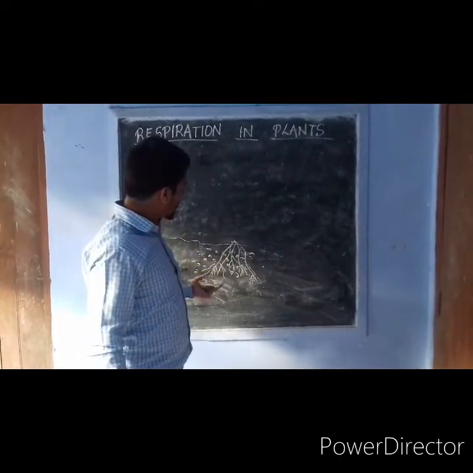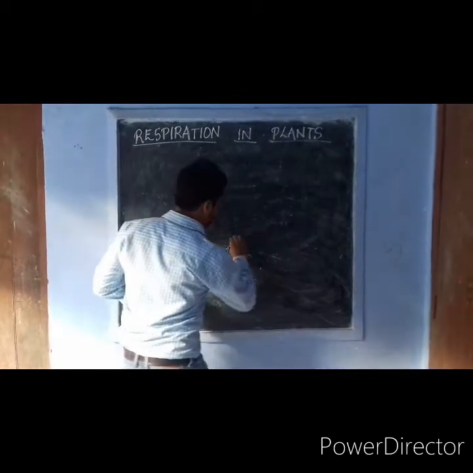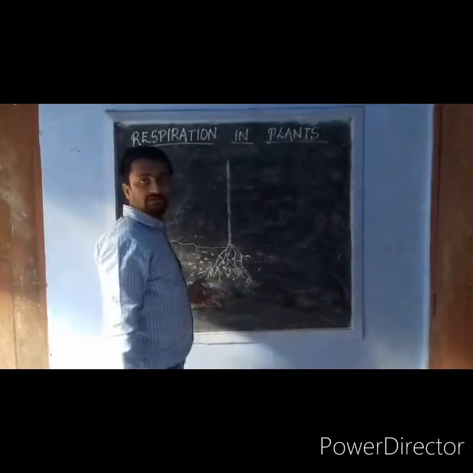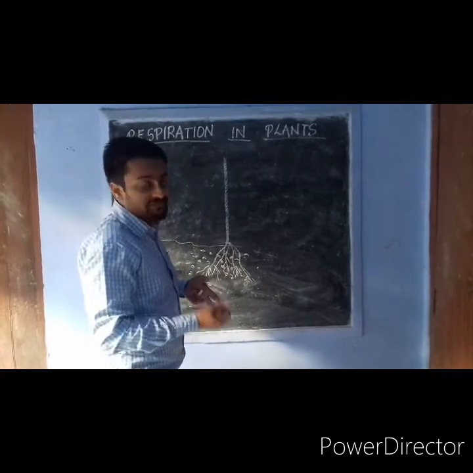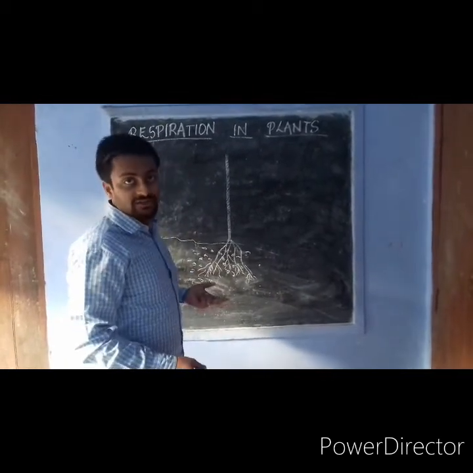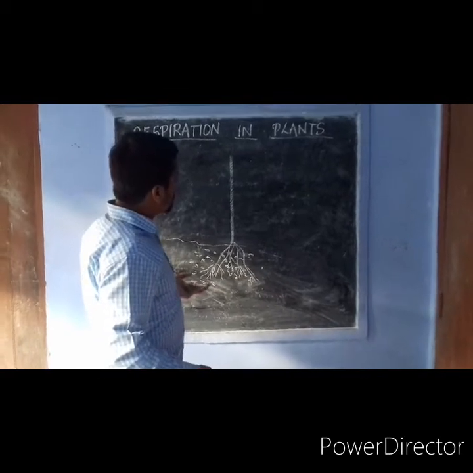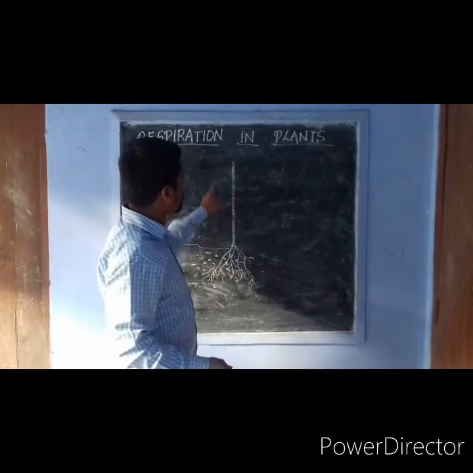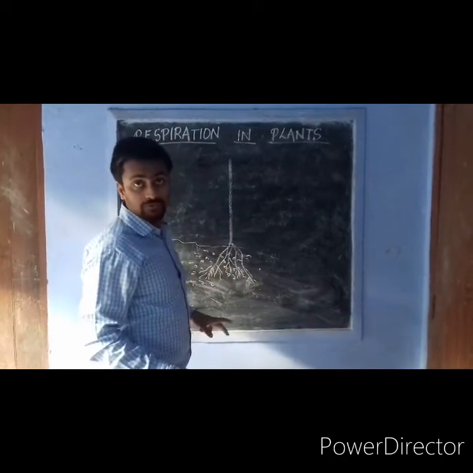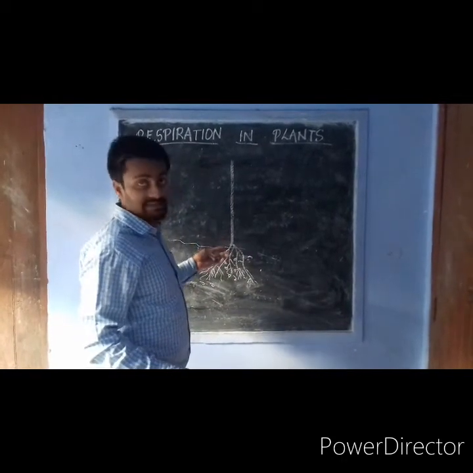Now when we talk about the stem, if it is a soft, green, herbaceous stem, which means in herbaceous plants, the process of respiration is carried out by the stomata which are present on the stem also, because these are green stems.